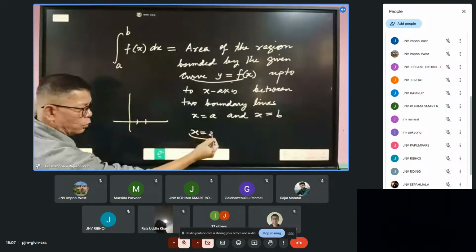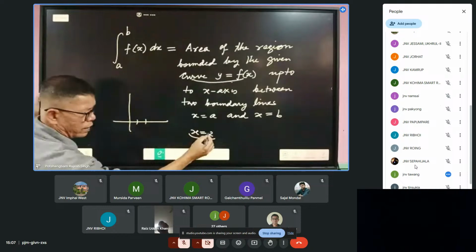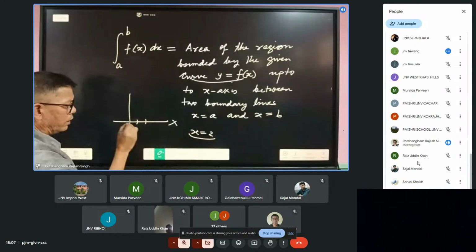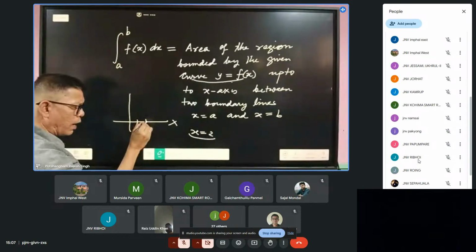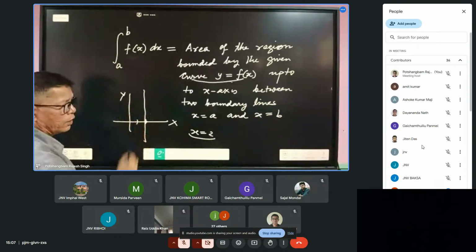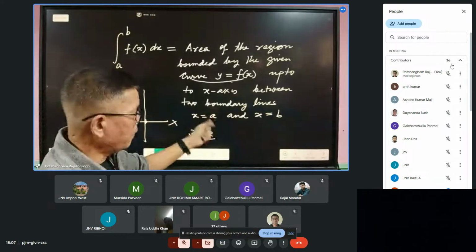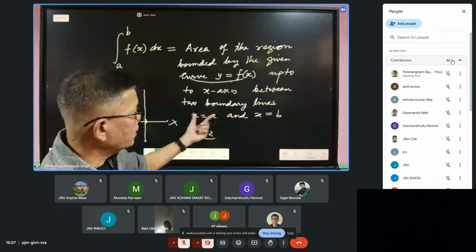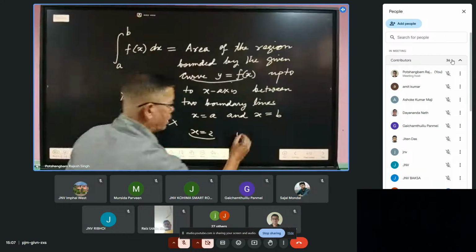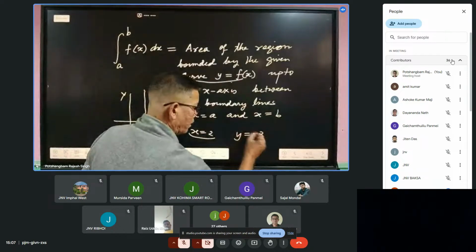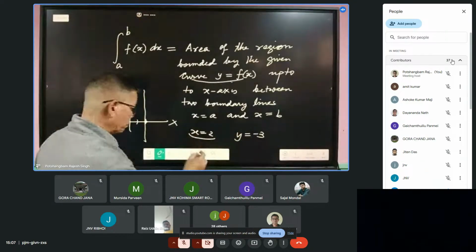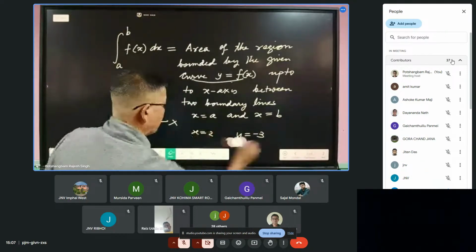Taking the positive value, we go along the positive x-axis, mark a point, and through this point draw a line parallel to the y-axis. So any value of x, maybe 5, 2, or 3, represents a line parallel to the y-axis. Similarly, any value of y, say y equal to minus 3, represents a line parallel to the x-axis.